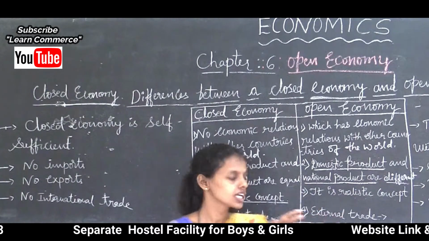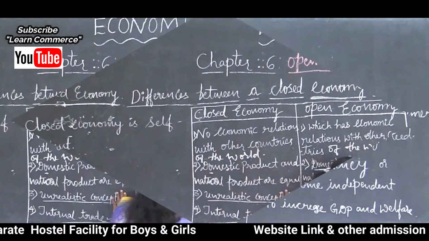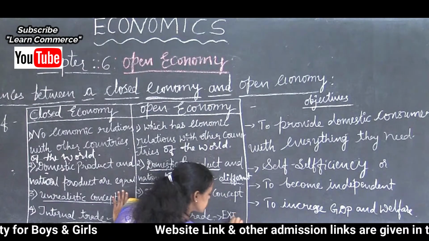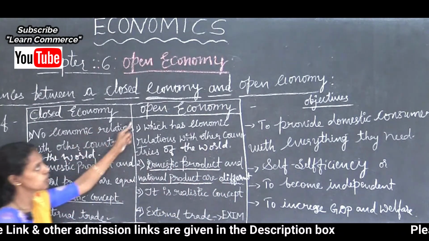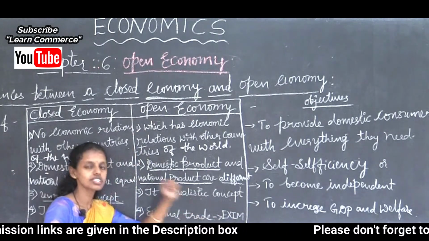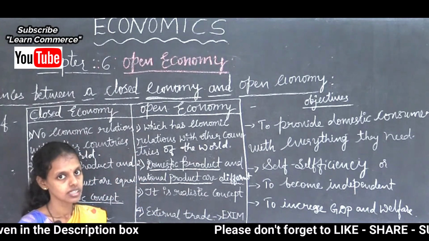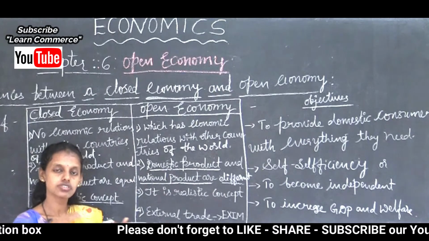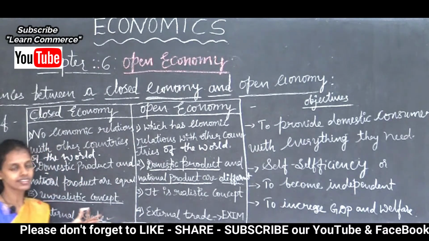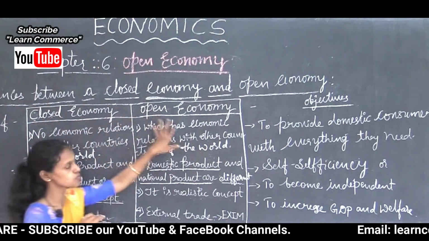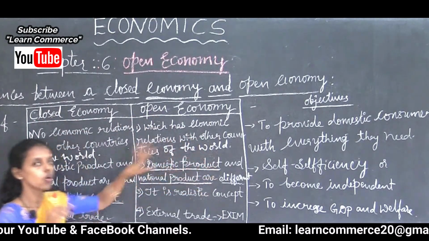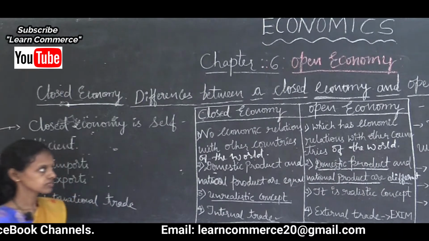Exports take place, imports take place. EXIM, export and import, is there. Thus, in an open economy, external trade takes place, meaning one country trades with one or more countries of the world. These are the main differences between closed economy and open economy.